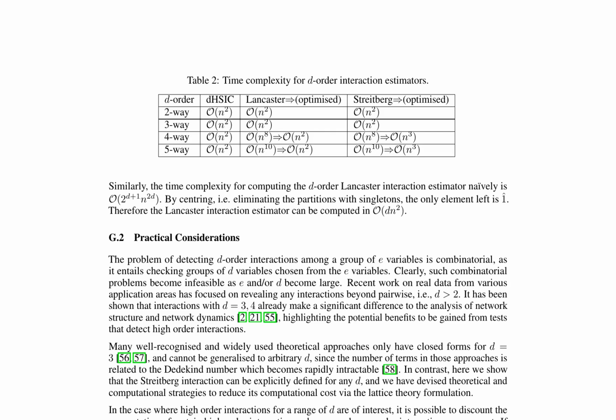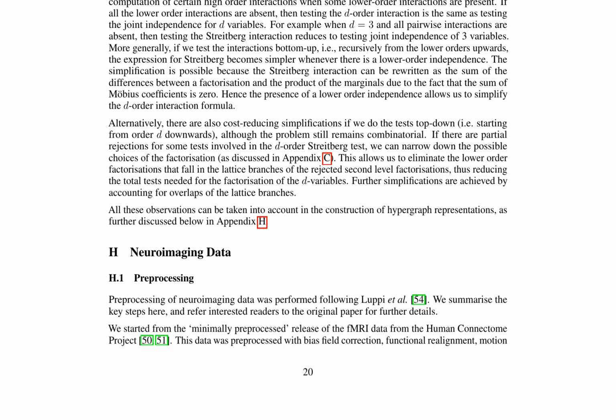In neuroimaging data analysis, preprocessing is critical and involves bias field correction, functional realignment, and motion correction. This is evident in the Human Connectome Project data, where accurate detection of high-order interactions can reveal intricate patterns within the brain's neural networks. Moreover, reducing computational cost by discounting certain high-order interactions when lower-order interactions are present is a practical consideration.